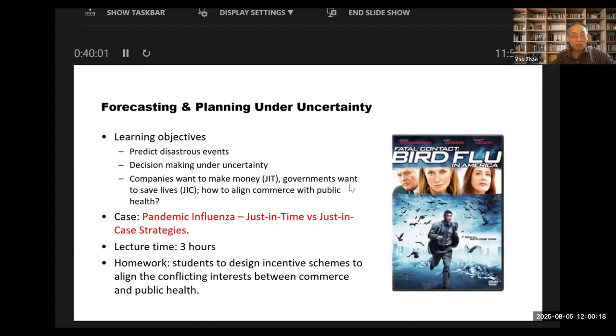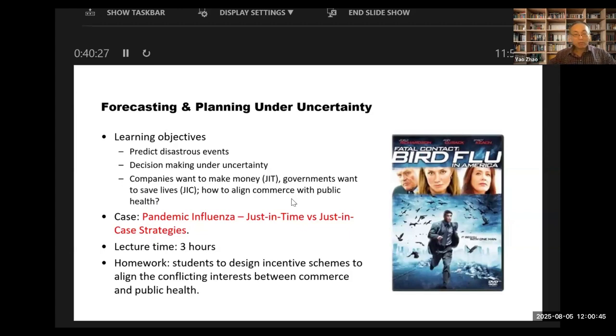The government, on the other hand, wants to save lives, so they want to use the just-in-case strategy, which is to produce to the maximum. So there's a misalignment of incentives between the companies and the government. So the question is how to align commerce with public health. So the case is the pandemic influenza, just-in-time versus just-in-case strategies.